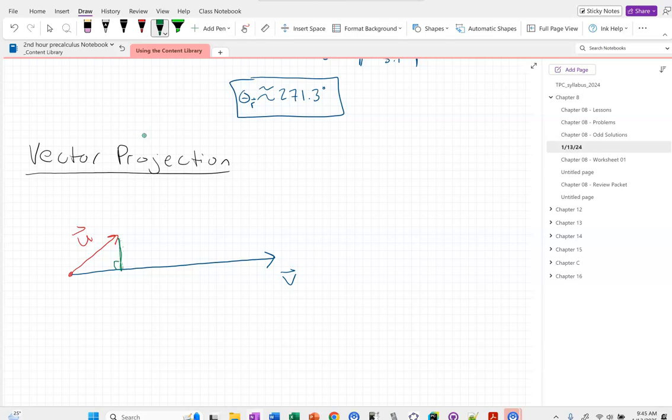So if I make a right triangle here, this piece here we're going to call the projection of vector u onto vector v.